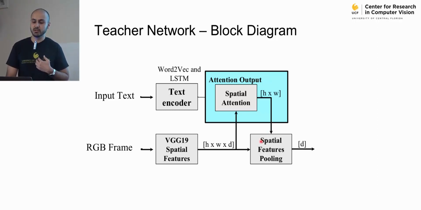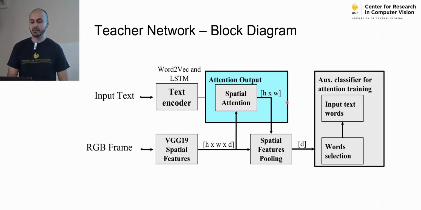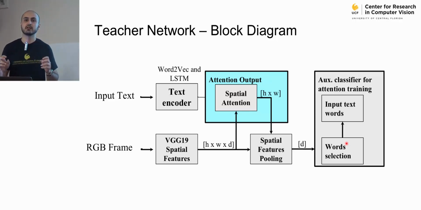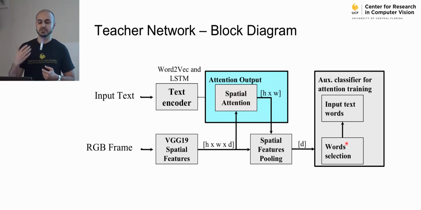Then a special feature pooling pulls the features from the output of the VGG19 given these scores. And finally, given the pooled feature, we try to reconstruct the text, which means that we have a multi-label classifier which says which words exist in the original input text. So we have a classification loss here to train this network.